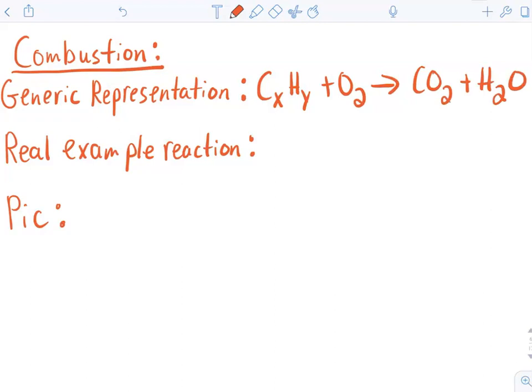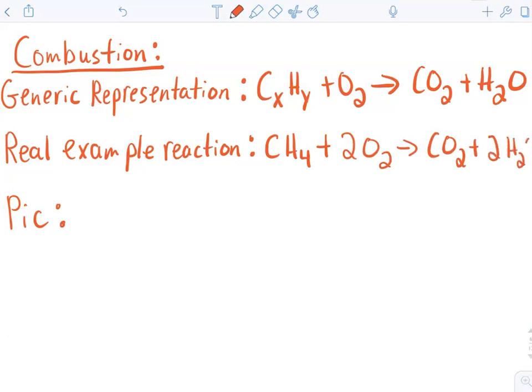Now, the x and the y are just representing variables. So you could have any number of carbon and any number of hydrogen. In the example we're going to do, we're going to have CH4 plus 2 O2 gives us CO2 plus 2 H2O.